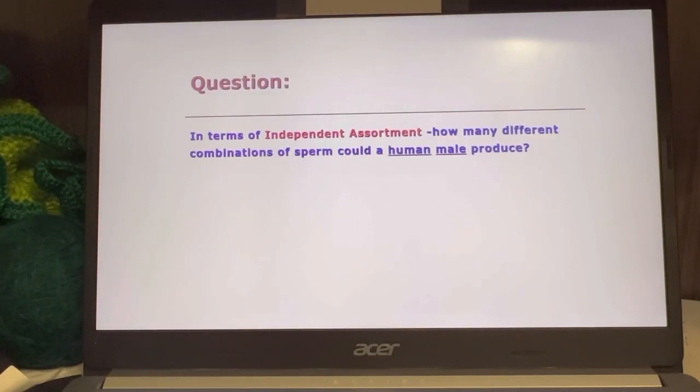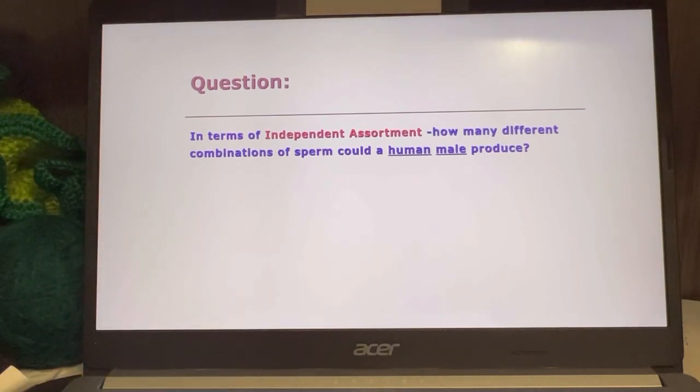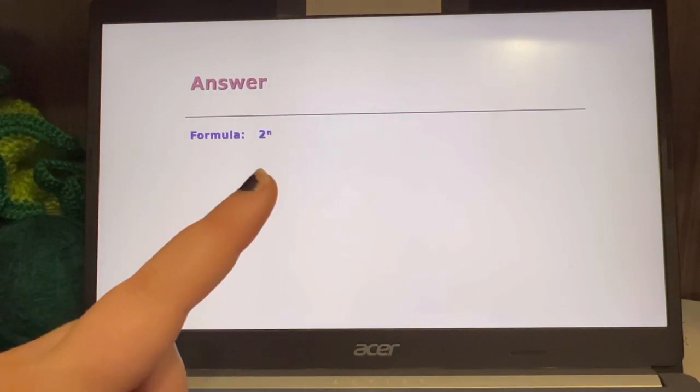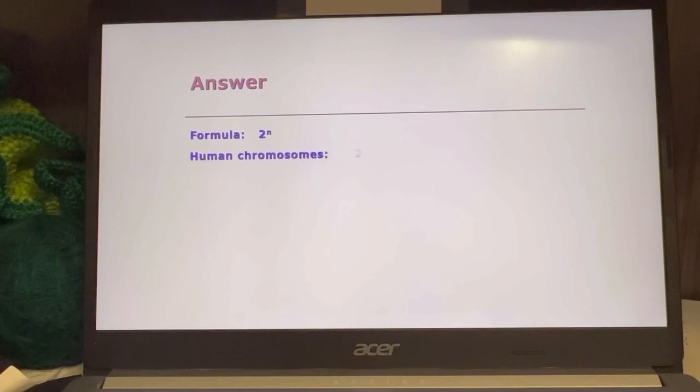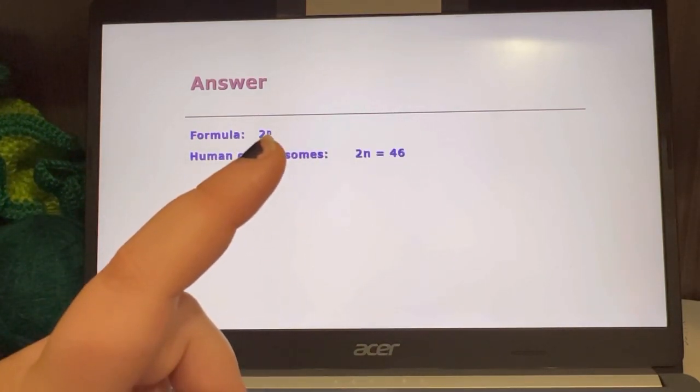Question. In terms of independent assortment, so that's when they line up on the metaphase plate, how many different combinations of sperm could a human male produce? Well, there is an equation for that. Answer: the formula 2^n, because it's a diploid cell at this point in time. The formula is 2 to the power of n.